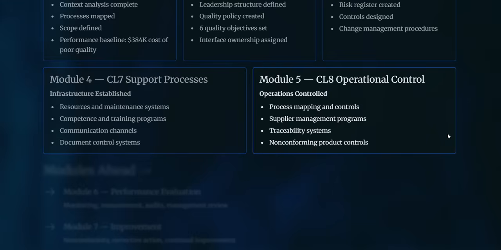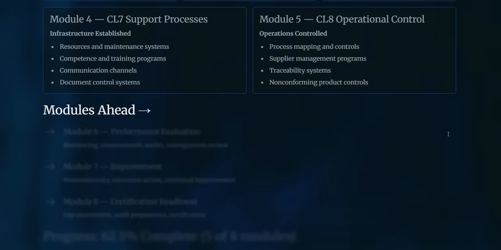Then we have Module 5, Class 8, operational control, and operations have been controlled here, covering process mapping and control, supplier management programs, traceability systems, and non-conforming product control.